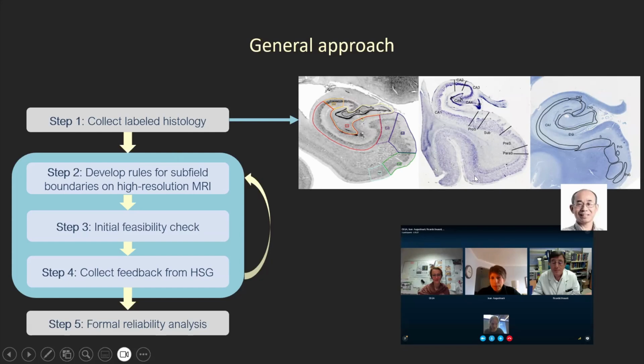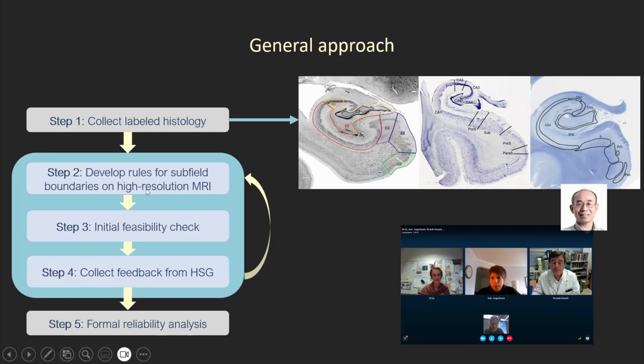Throughout the years, they've also been generous in answering all of our questions regarding anatomy, which has been really instrumental for our progress.